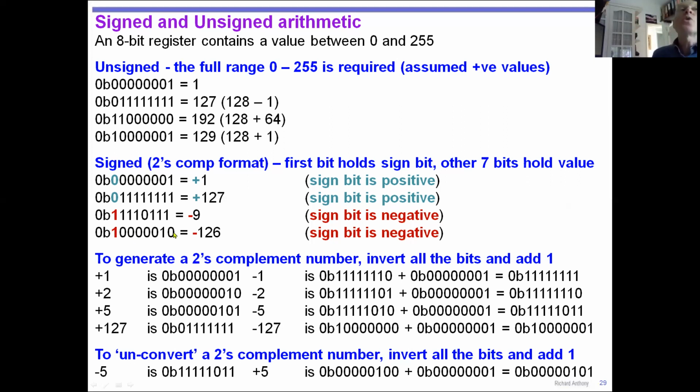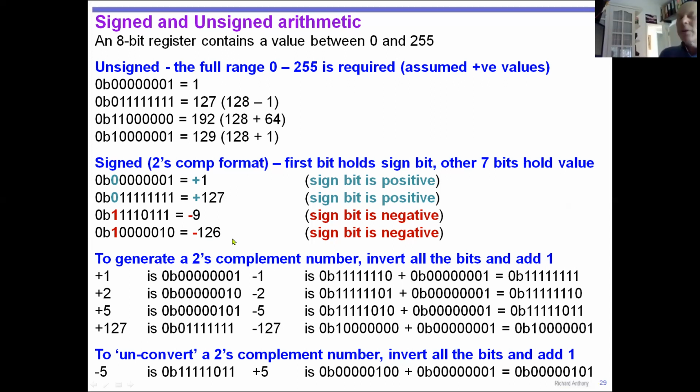And if that was your normal number and you now convert it to complement, your 128 becomes 0 and all ones, but then you add 1 onto it. I'm getting myself into a mess because I should have had the example written out, because it's complicated to explain without actually a diagram to point to.